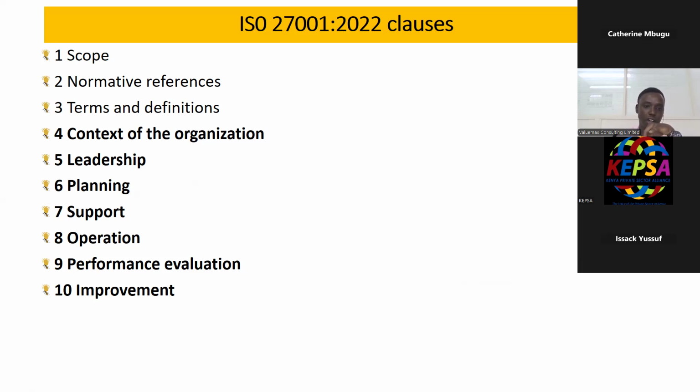I'll just give a brief highlight of each clause according to the standard. From clause 1 to clause 3, that is where they just give the definition of the document, what this document is about, and so on. From clause 4, we have something called the context of the organization. In the context of the organization, this is where you determine the interested parties.